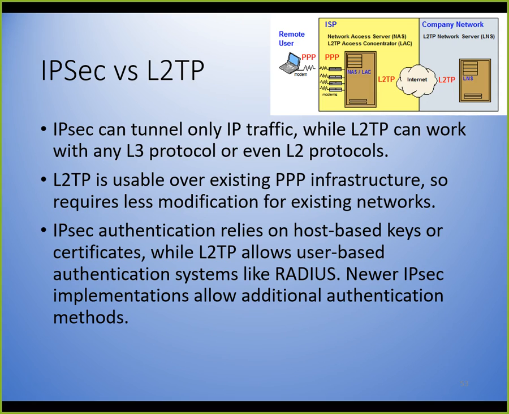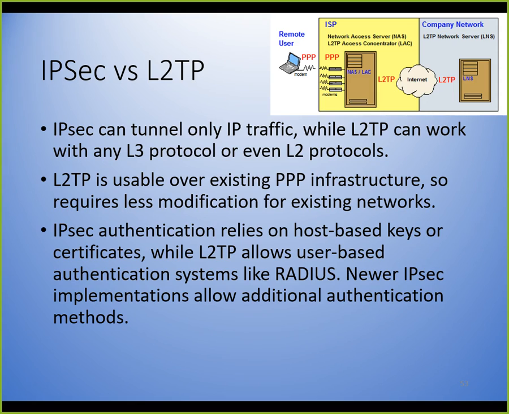And point-to-point protocol is one of the predominant ones used in wide area networks. IPsec authentication relies on host-based keys or certificates. Layer 2 allows user-based authentication like RADIUS servers.